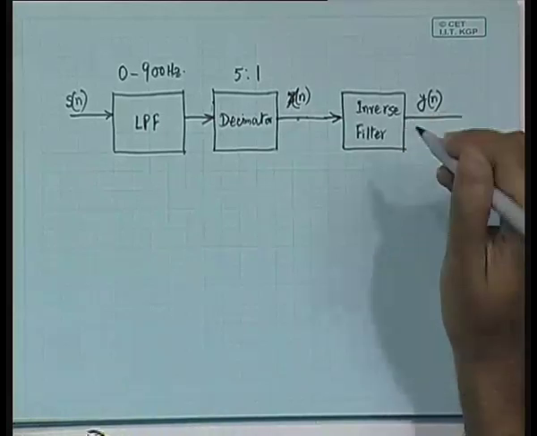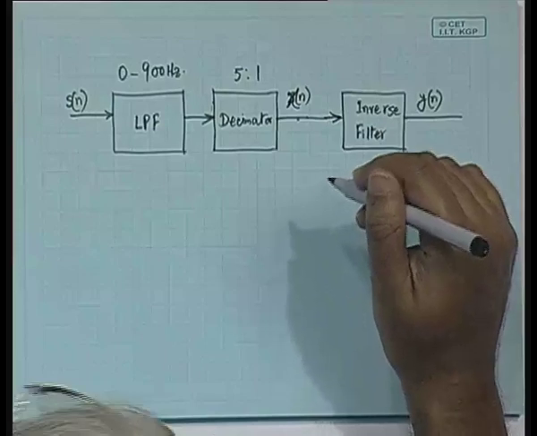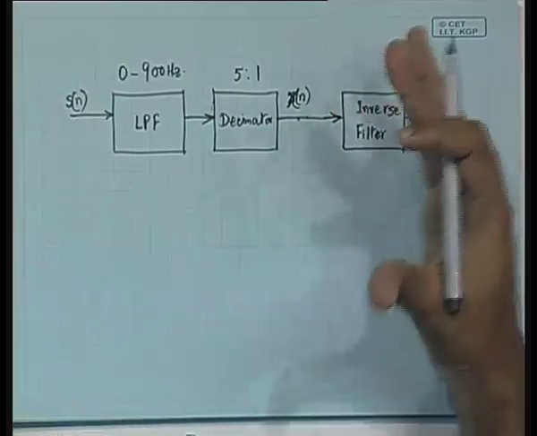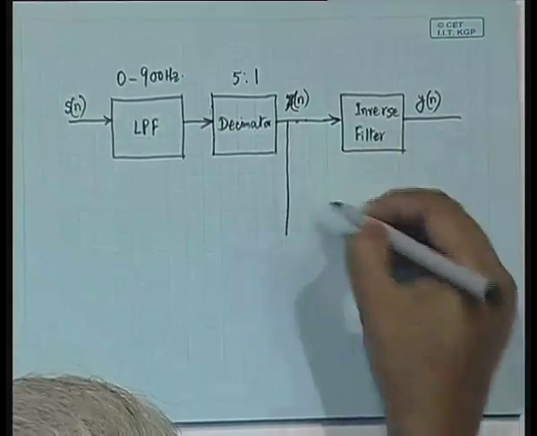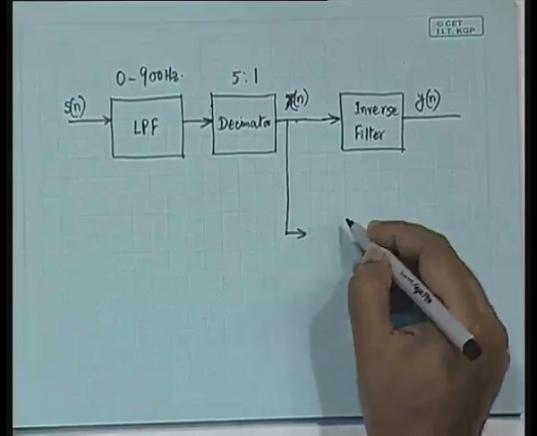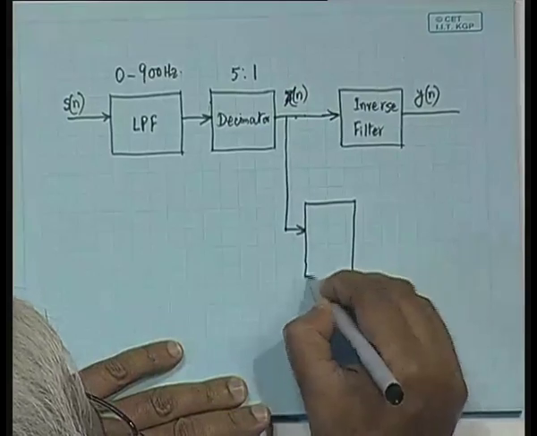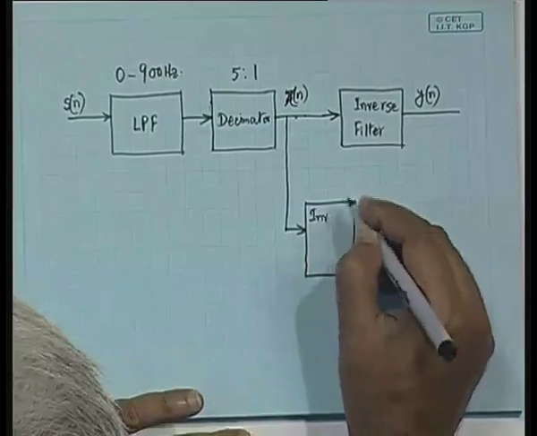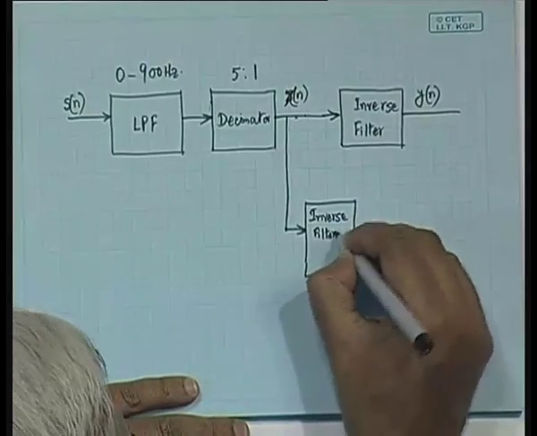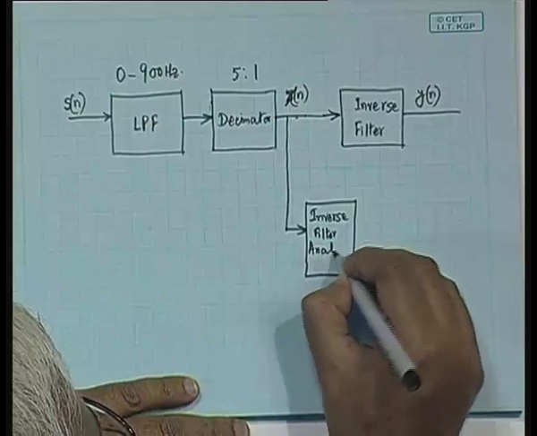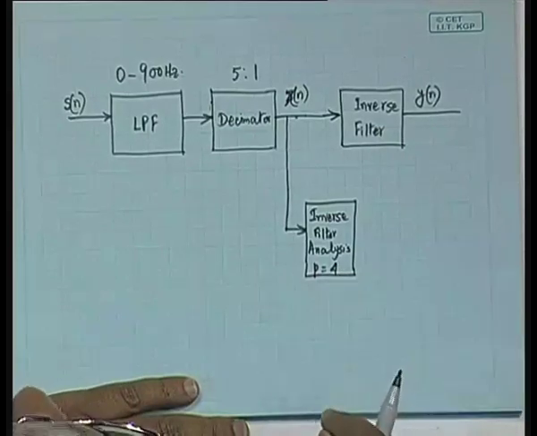Now, what is the realization of this inverse filter? This inverse filter would be based on the LPC parameters. And how do we do that? Using this x of n, we add a block which we are calling the inverse filter analysis block, and we are going to have that for p equal to 4.